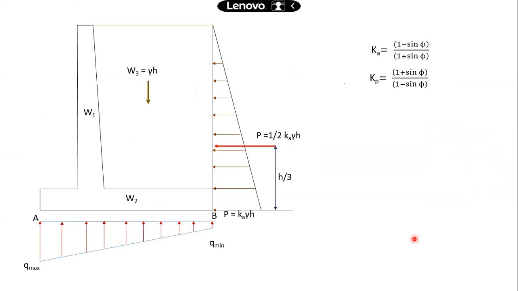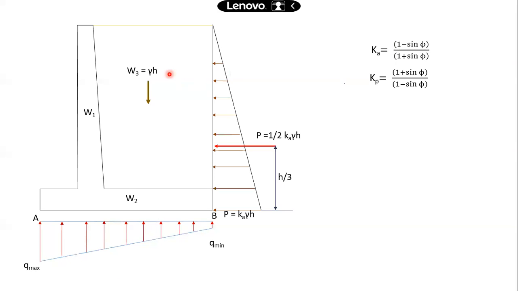Now this is what our active and passive earth pressure coefficients are. Somewhere in a later part we'll come across the passive earth pressure coefficient also, but this is how we calculate them. Active earth pressure coefficient is given by 1 minus sine phi by 1 plus sine phi, and passive will be 1 upon Ka, or 1 plus sine phi by 1 minus sine phi. Phi is the angle of internal friction for that particular soil.